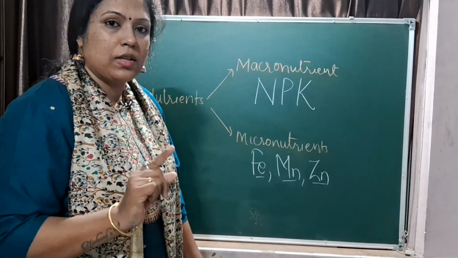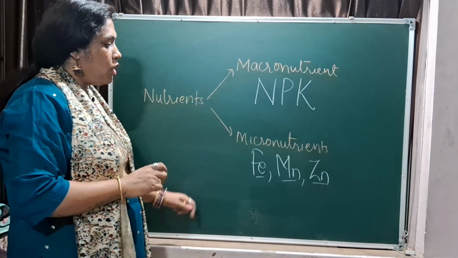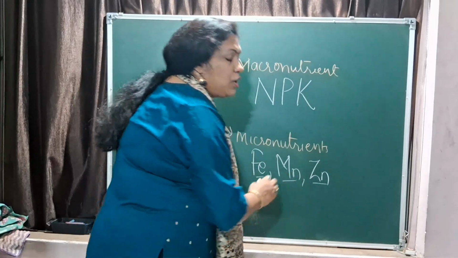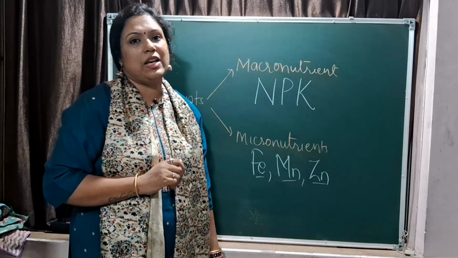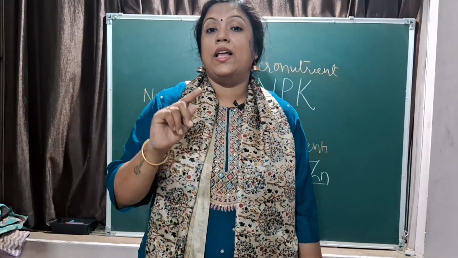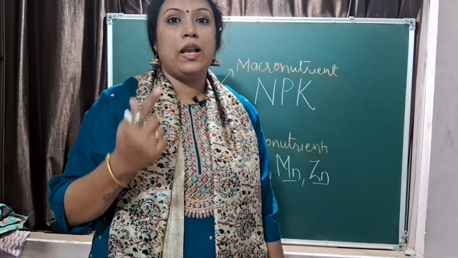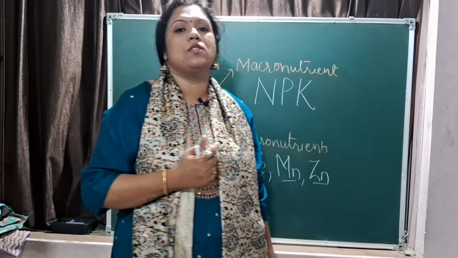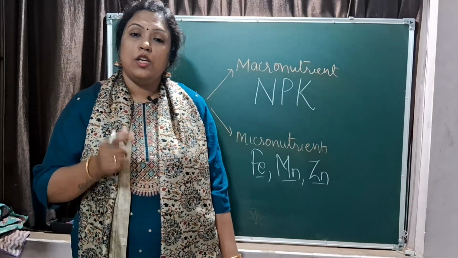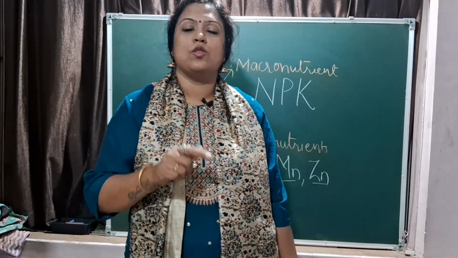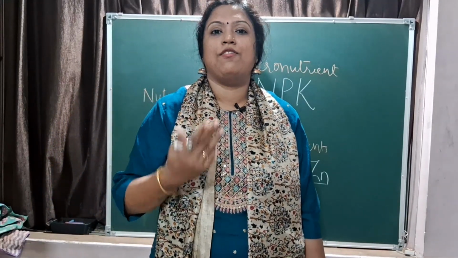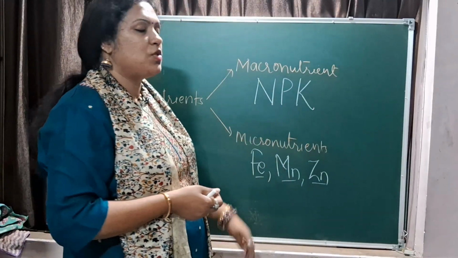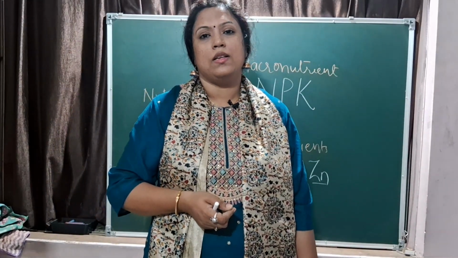Now your homework is to find out what the deficiency of these nutrients can lead to in plants. I will give you the answer later if you ask for it in the comment section, what these nutrients are important for. You can also put it in the comment section so that your friends can read and find out why each nutrient is important. Is that clear?